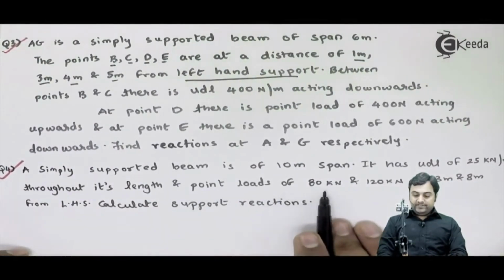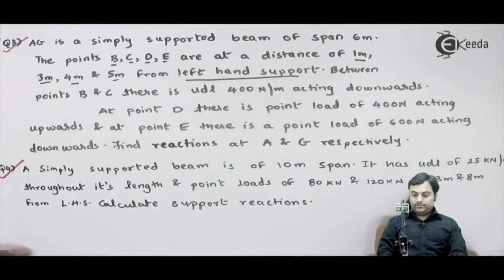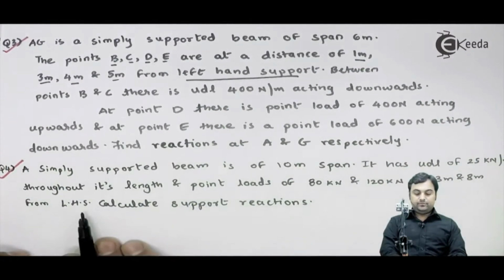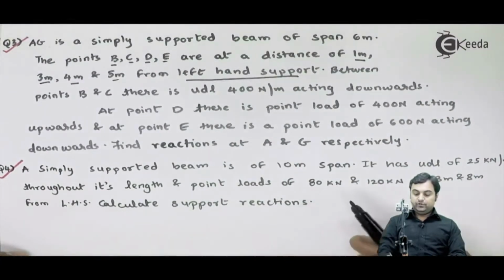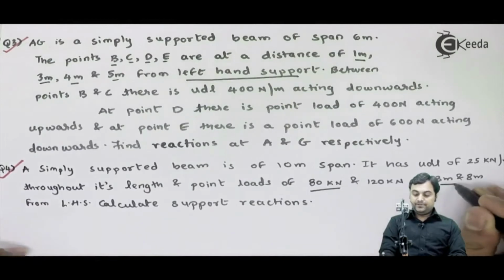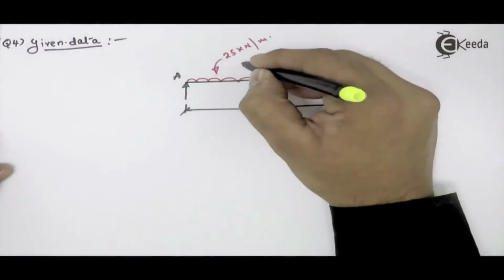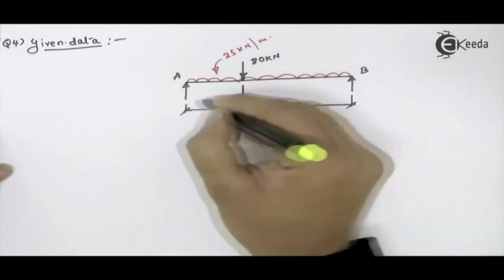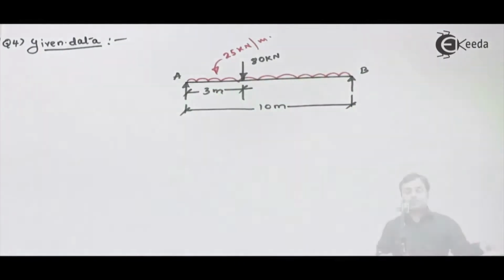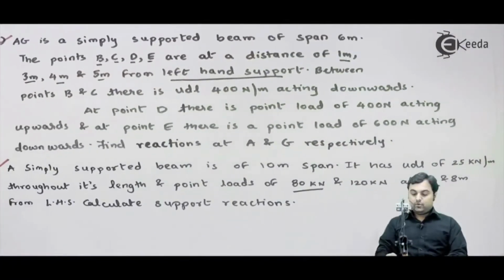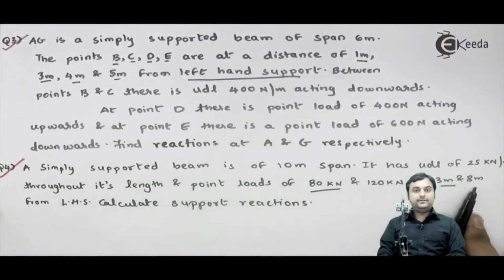And point loads of 80 kilonewton and 120 kilonewton at 3 meter and 8 meter from left hand support. So 80 kilonewton is at 3 meter distance. 120 kilonewton is at 8 meter distance.